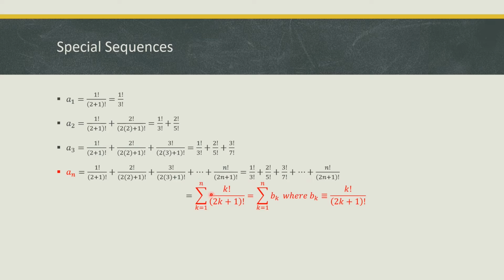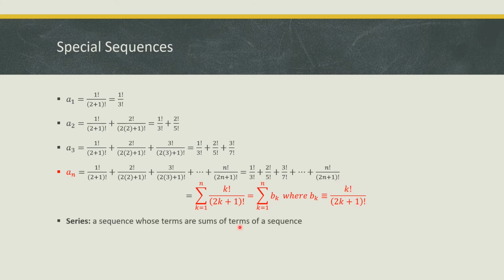Or, if we write it using summation notation, this is how it looks. So the nth term is the sum of the terms of a sequence b sub k from k equals 1 to k equals n. And b sub k here is another sequence that is defined by this expression.